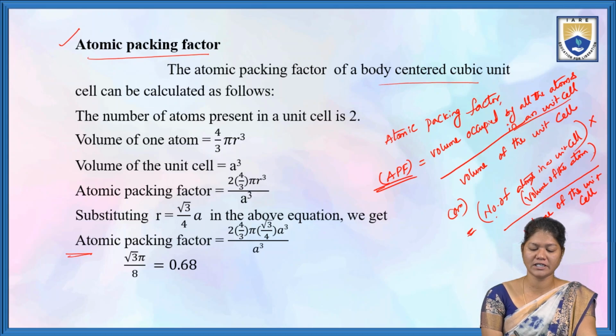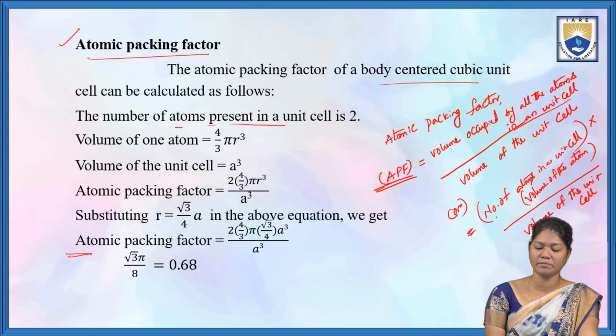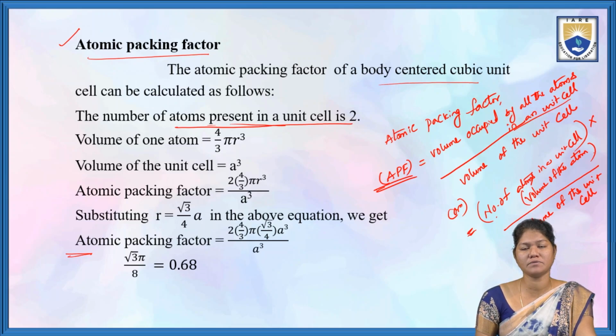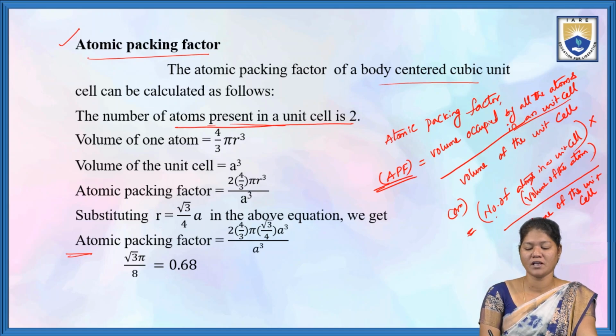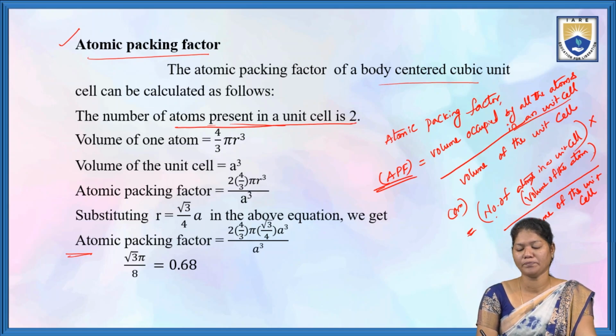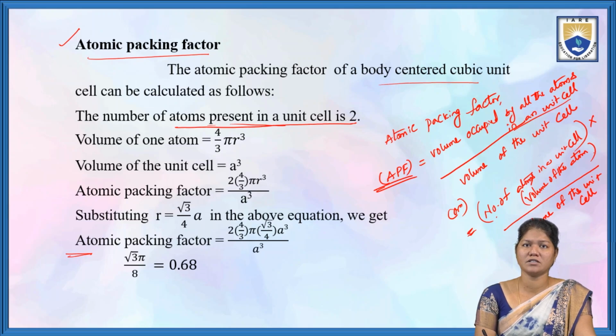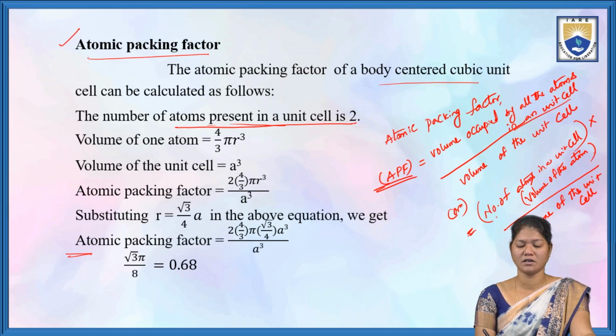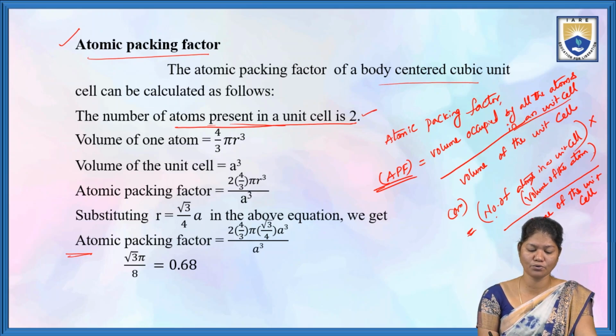So here the number of atoms present in a BCC unit cell is 2. As already told, along with each corner atom, there is one more atom at the center of the cube. It is a full atom. So the number of atoms present in the BCC unit cell is 2.